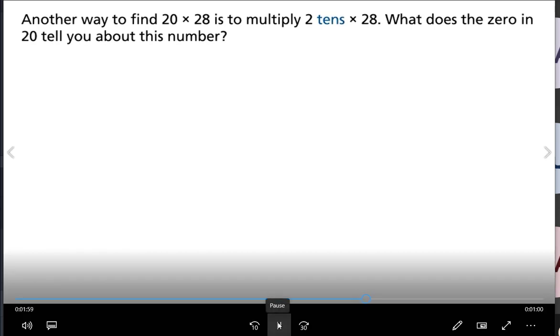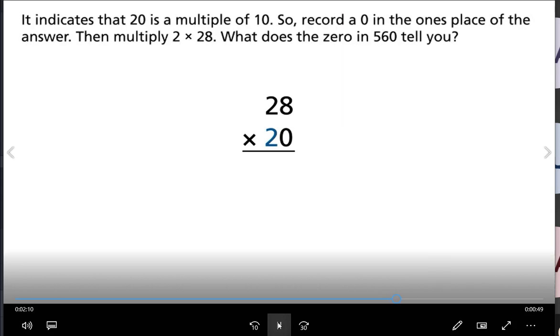Another way to find 20 times 28 is to multiply 2 tens times 28. What does the 0 in 20 tell you about this number? It indicates that 20 is a multiple of 10. So record a 0 in the ones place of the answer. Then multiply 2 times 28. What does the 0 in 560 tell you?